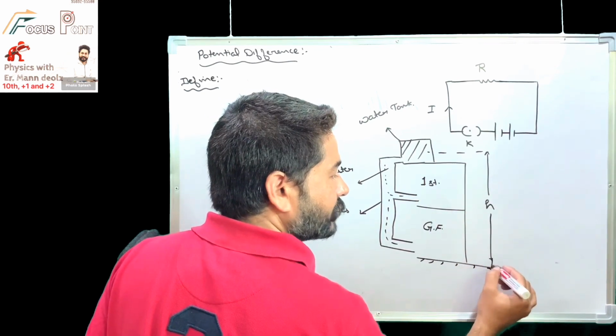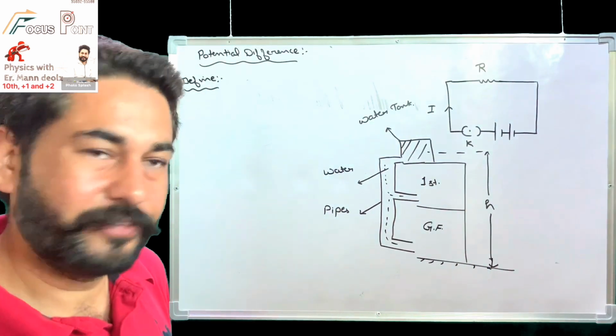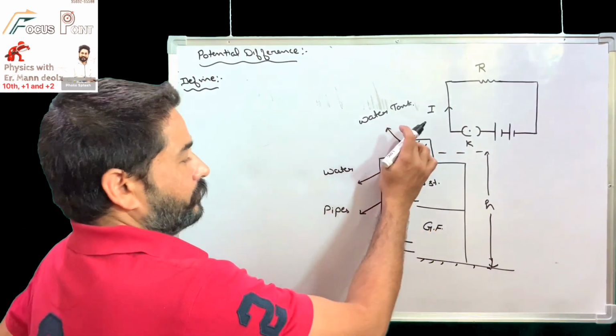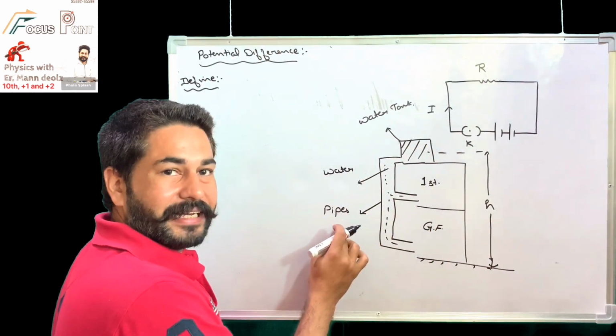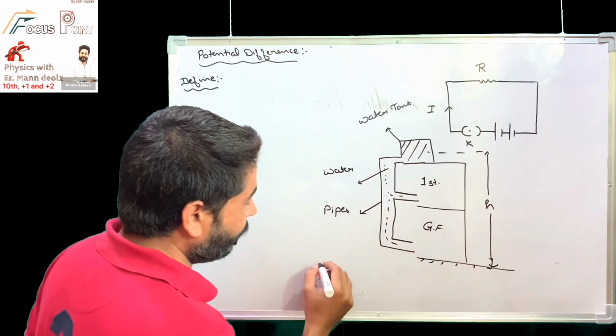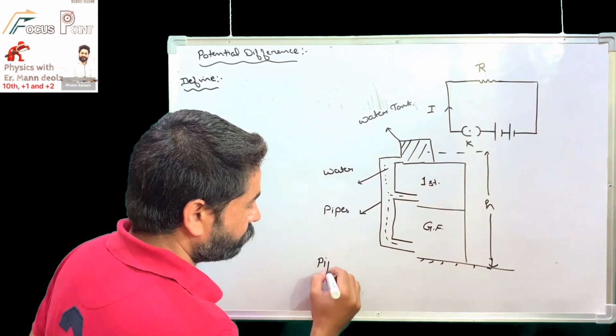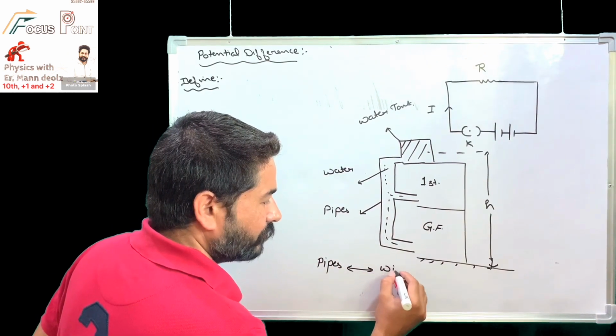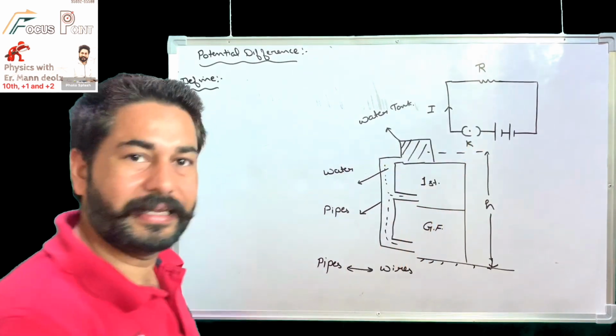Now listen carefully to how to relate these two circuits. This pipe is imagined as conducting wires. So we'll treat this pipe as conducting wires in the electric circuit.